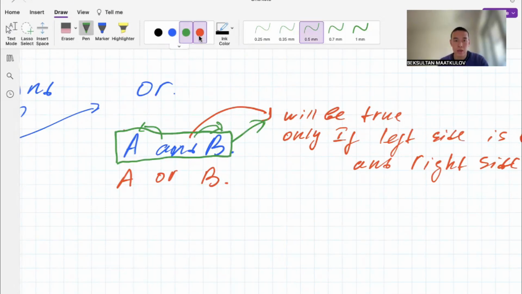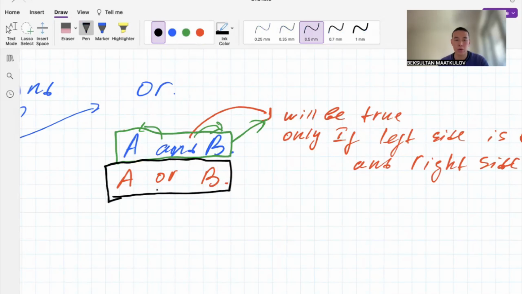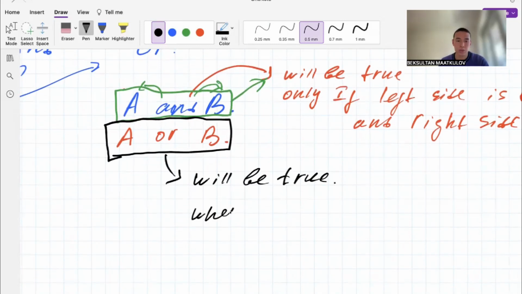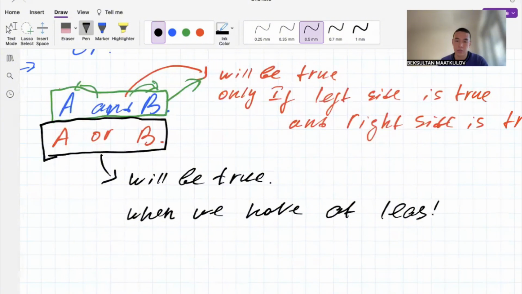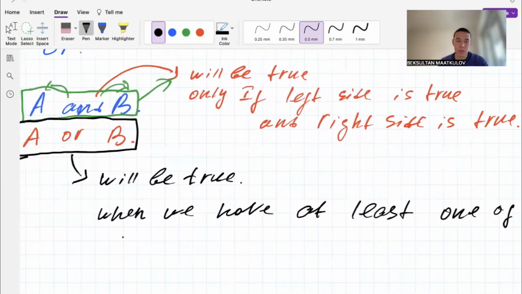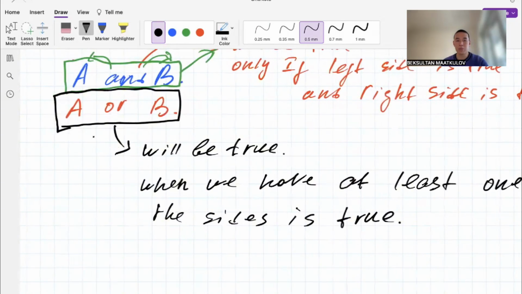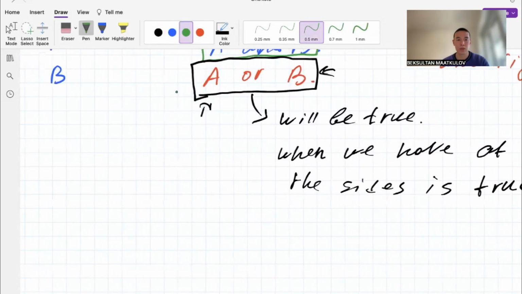But what about A or B? If you write A or B, the whole statement A or B will be true when we have at least one of the sides true. It's enough that we have only one truth. So it's either A true or B true, or they can be both true. In these three cases, our statement A or B will be true. And let's try to think about it. We'll build a truth table. I'll go back here.